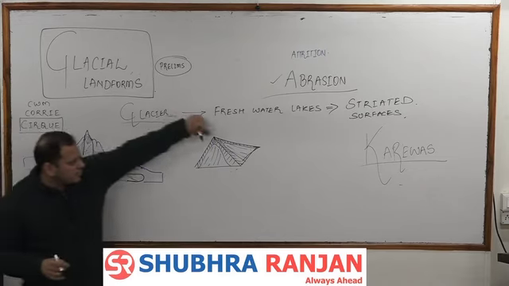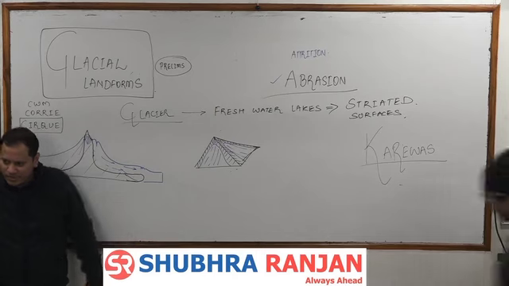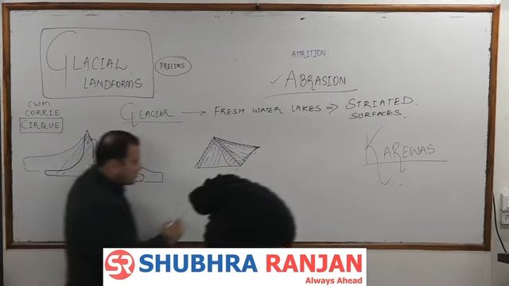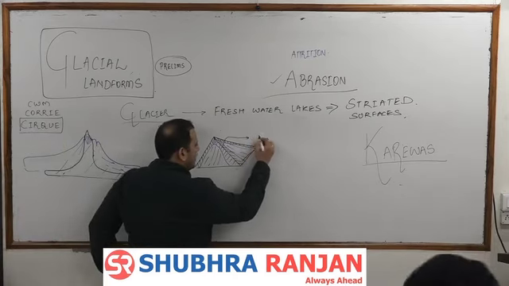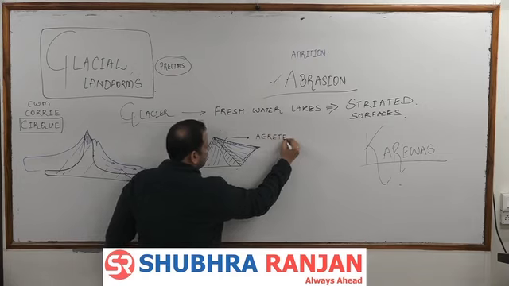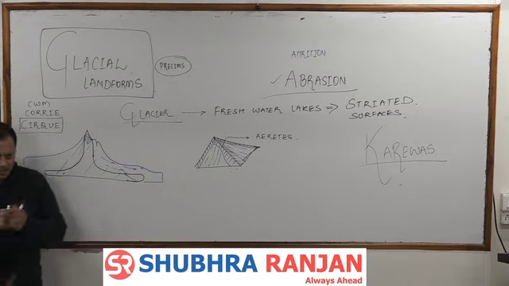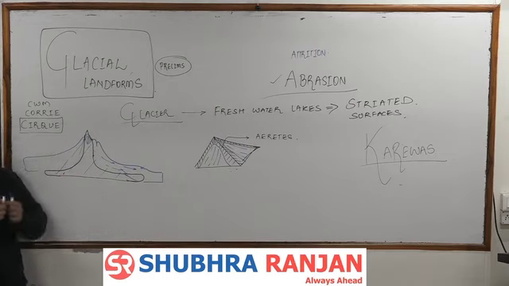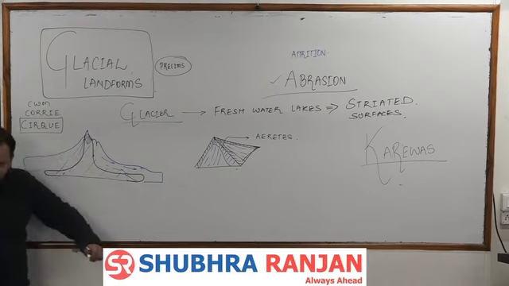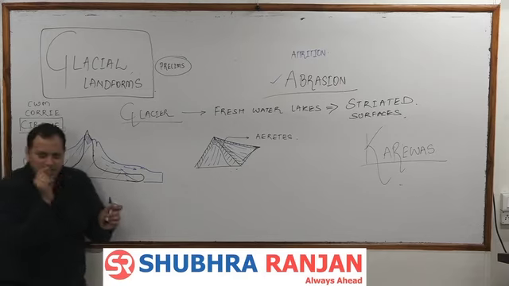The rock on the side which is not eroded will become very sharp because it was carved out from both sides. So these sharp edges of the mountain are known as arêtes. Fine? The name is only difficult. Imagine a mountain, you are taking one part out, you are taking another part out. So the edge of the mountain has become very, very sharp and it is known as arêtes.